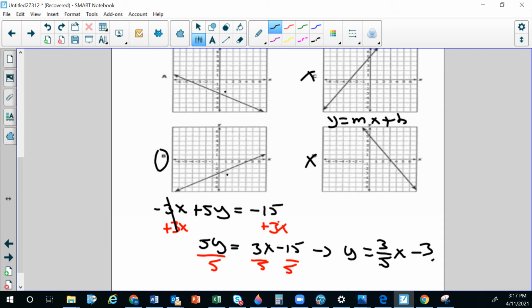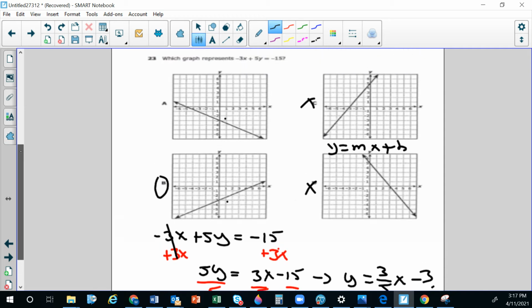Another way I could have found the x and y intercept is from the standard form of the equation.